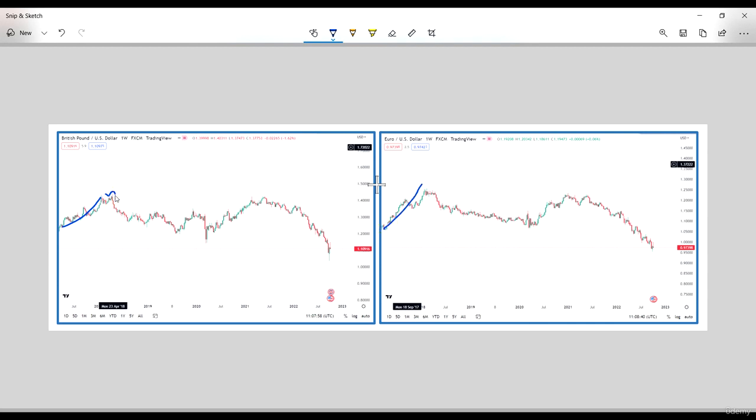Here is a bit of consolidation. Here also is a bit of consolidation. Then a clear downtrend, a bit of consolidation, a clear uptrend, a bit of consolidation, and a clear downtrend. So as you can see, they are basically moving in the same direction. It means they are positively correlated.